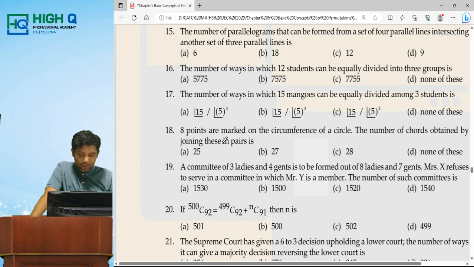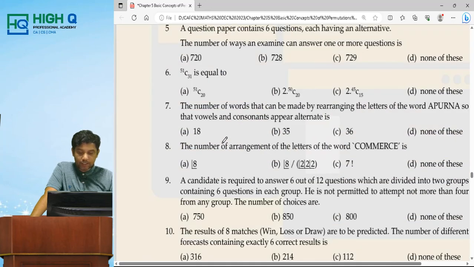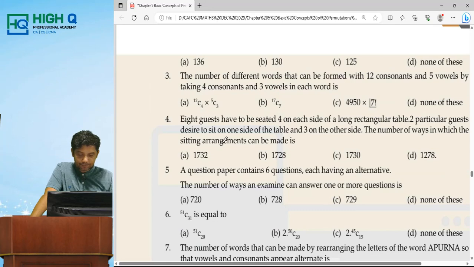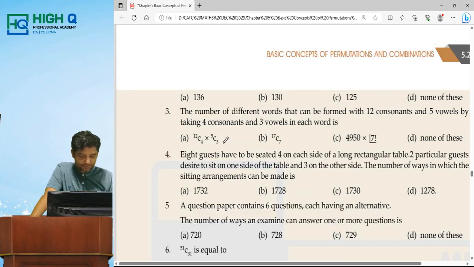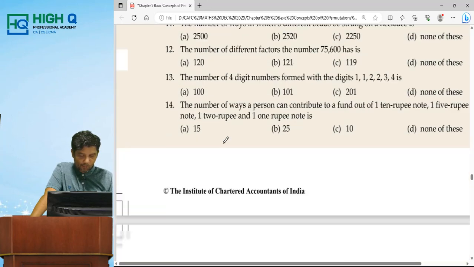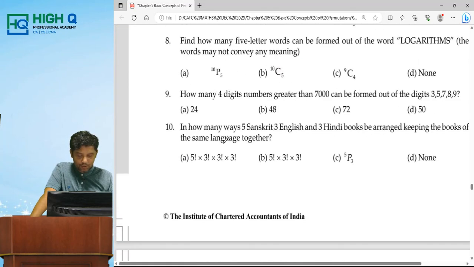No, 19 you cannot do, I will do. Have you marked it, my dear? 15, yeah. This entire exercise I will do tomorrow.